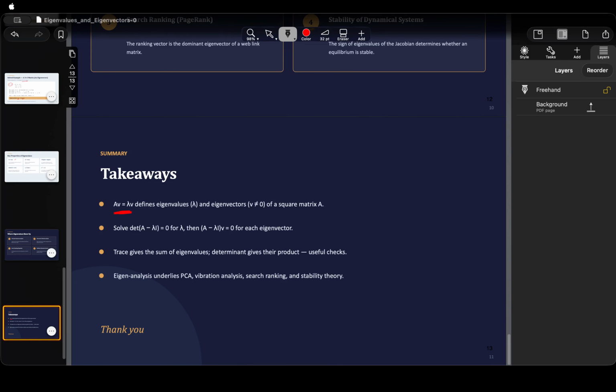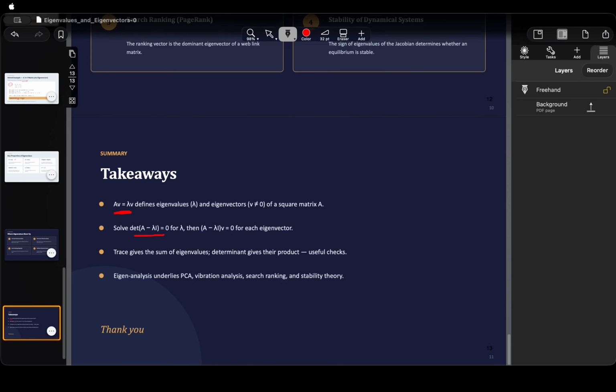If I want to find the eigenvalues and eigenvectors, I need to first write the characteristic equation, which is equal to this, for lambda.